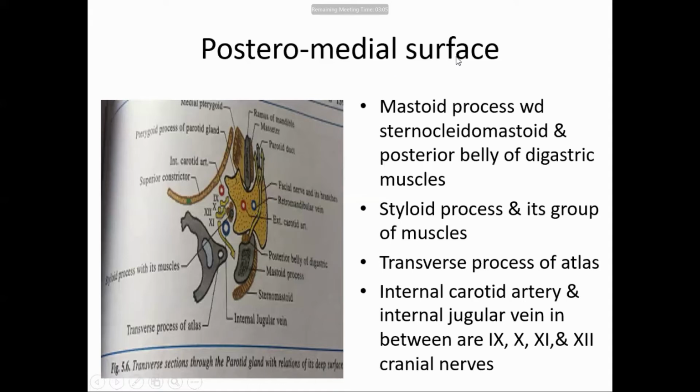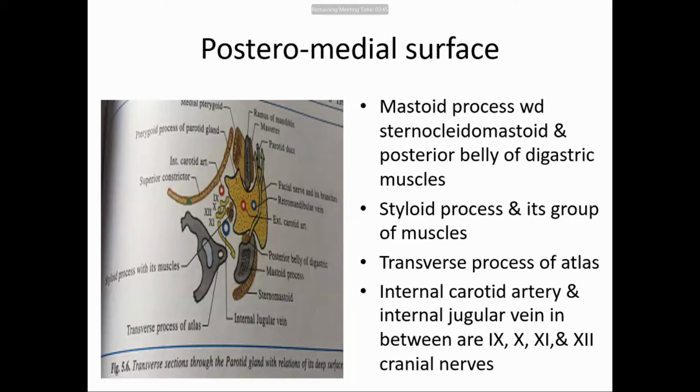See, posteromedial relations: mastoid process along with the posterior belly of the digastric muscle and sternocleidomastoid muscle, and the transverse process of the atlas. This is the styloid process along with its three muscles: stylohyoid, styloglossus and stylopharyngeus.